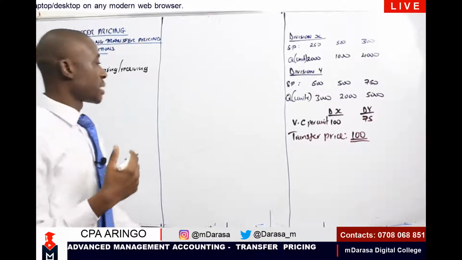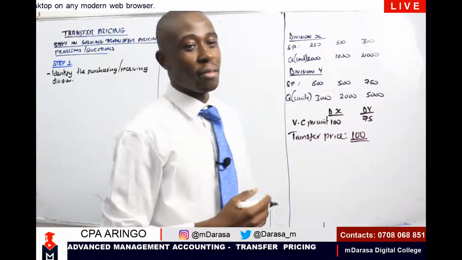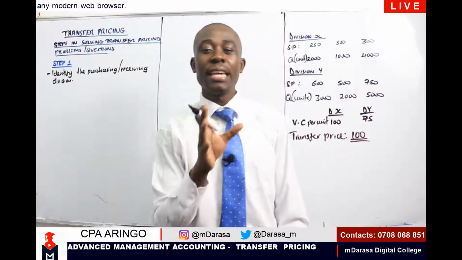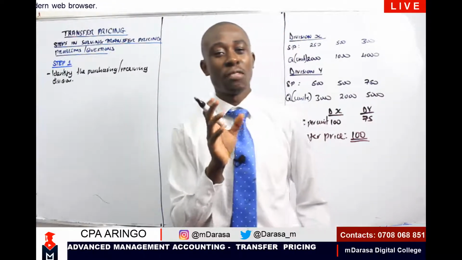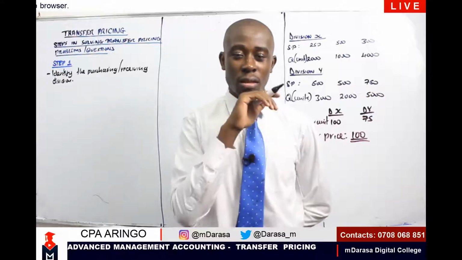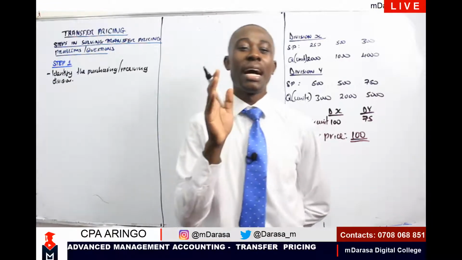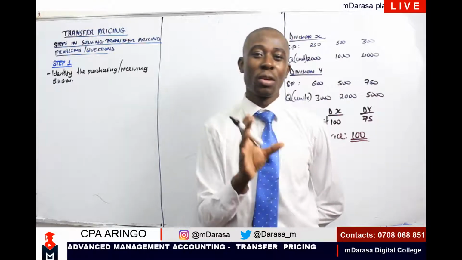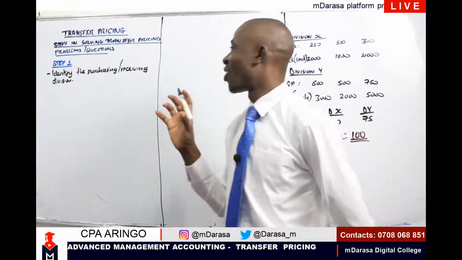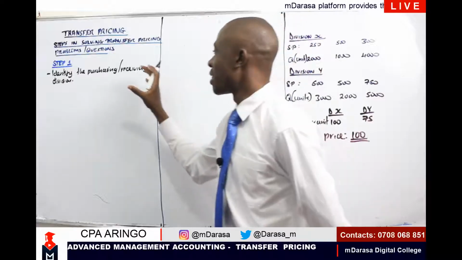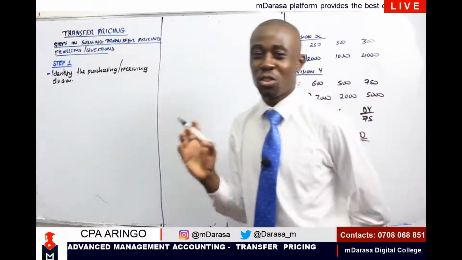So why is this very important as our first step? Because anytime we are dealing with transfer pricing questions, I will always be looking at the concept of the receiving division.